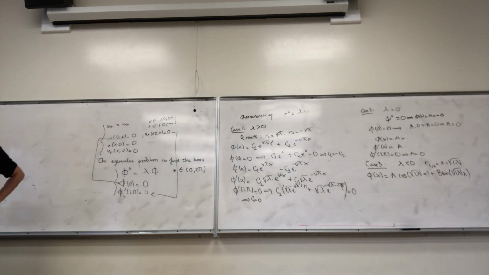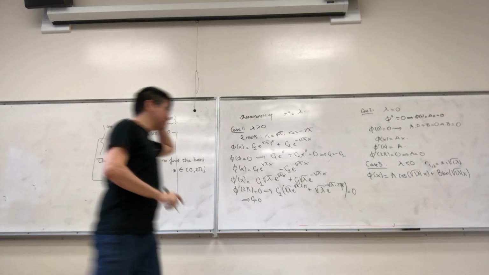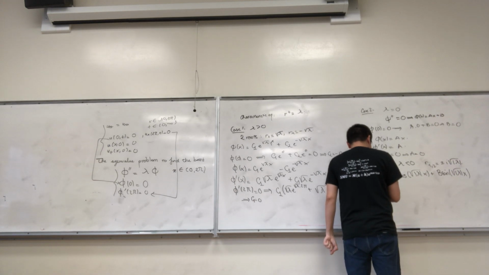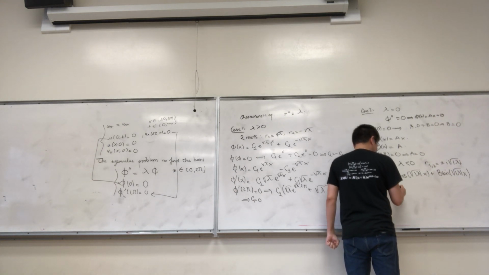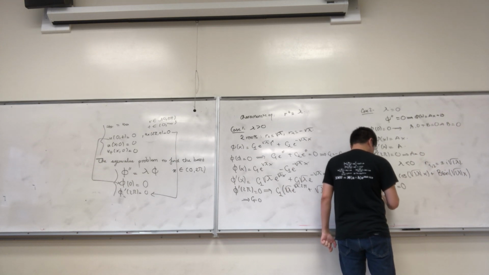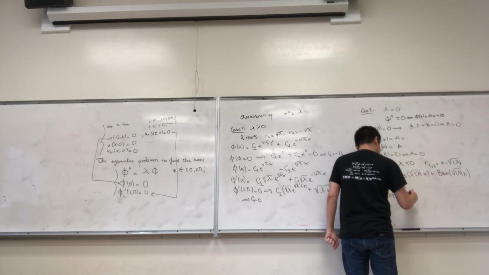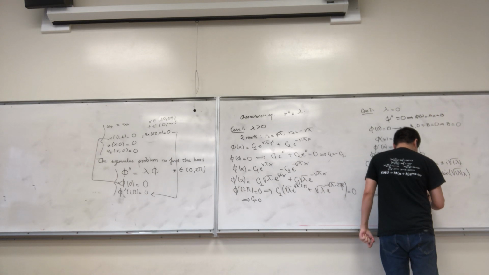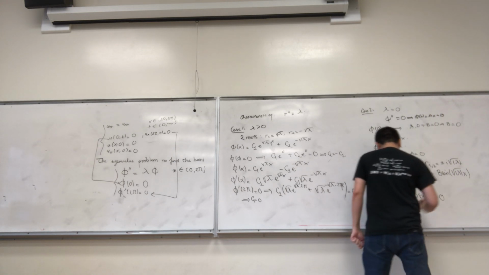Now what is the next step? So now you plug in the first boundary condition. This gives you phi of 0 is 0, which means that a cosine of 0 plus b sine of 0 is 0.